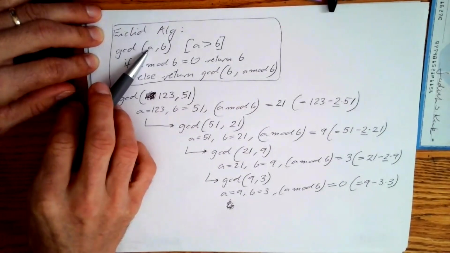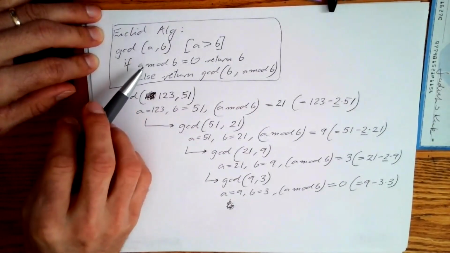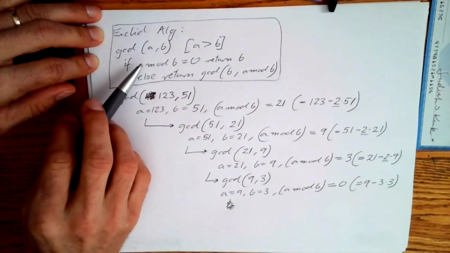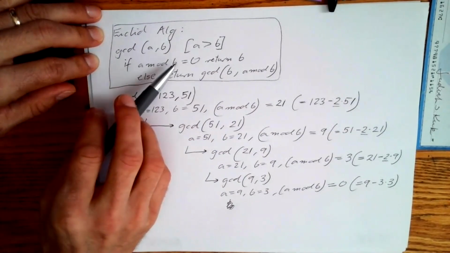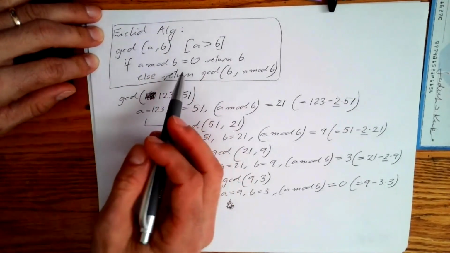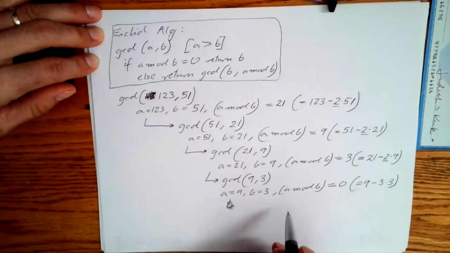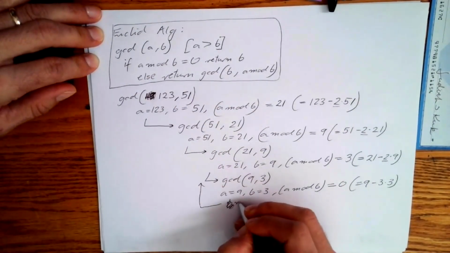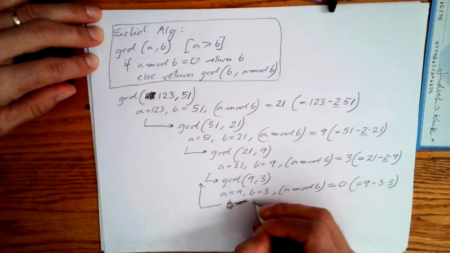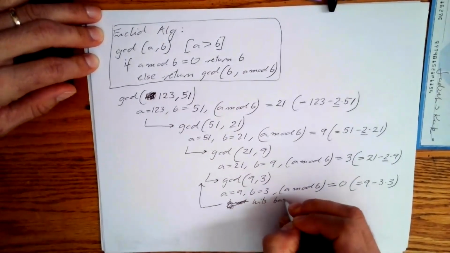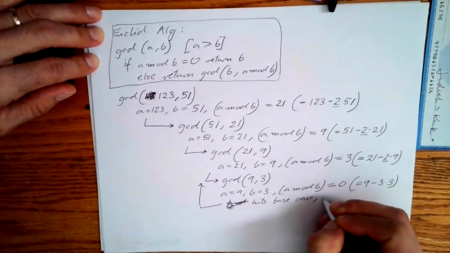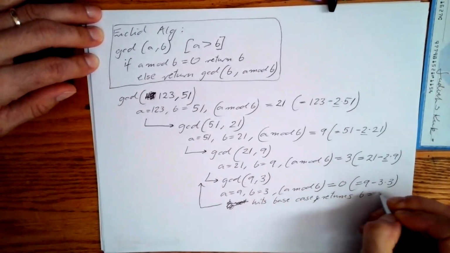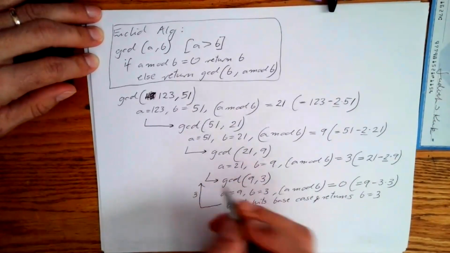Because A is 9, B is 3, and this code will check if 9 modulo 3 is 0, yes, and it will return B. So it hits the base case, returns B equals 3. So 3 is going to be returned, right?